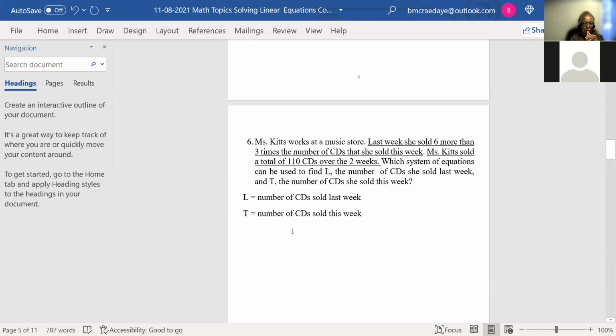How do I write the total sold over the 2 weeks, last week and this week, using the variables? L plus T, right? Right, very good. Because for the total you're going to add, right? L plus T, and what is that equal to?